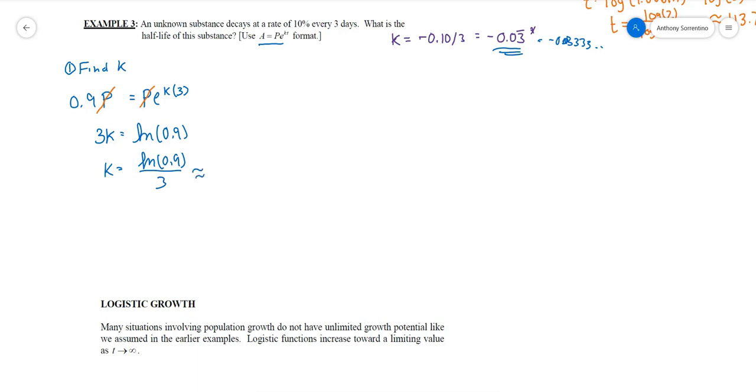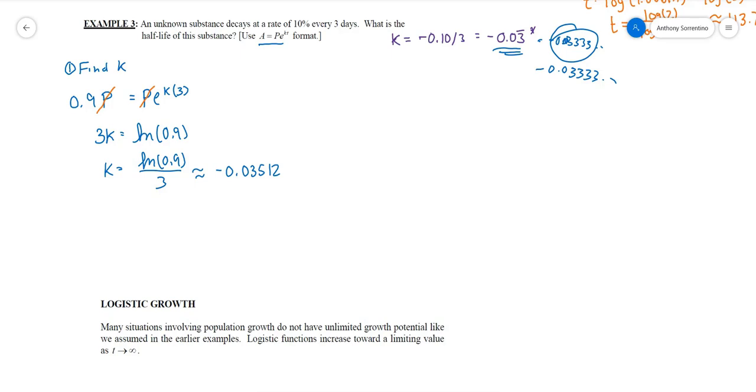And if you work that out, you get it to be approximately -0.03512. So as you see, close to what this was up here, although close, not exact, and sometimes that difference can cause some major discrepancies when you answer questions like this.